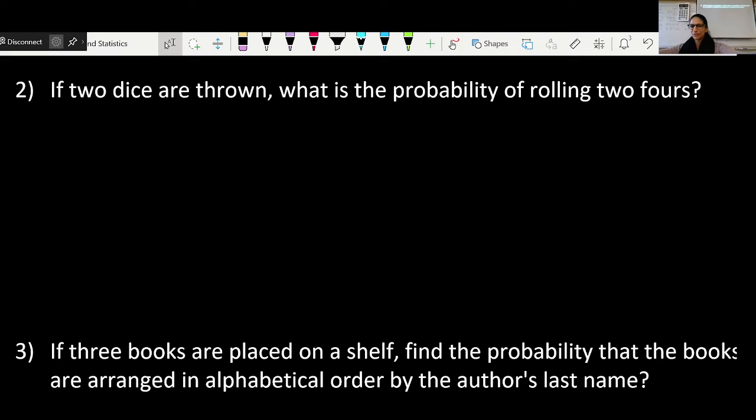But if we were to roll both of these at the same time, we're wanting to get 2 4s. So what is the probability of that happening? Well, first of all, what's the probability? How many 4s on a single die? Yeah, so there's only one of them.